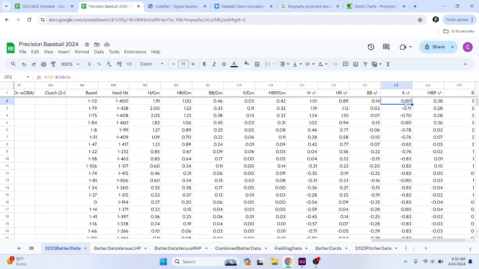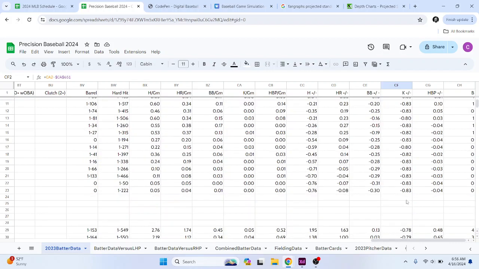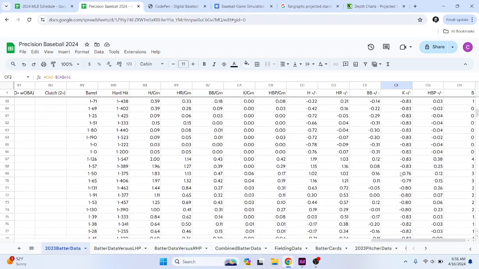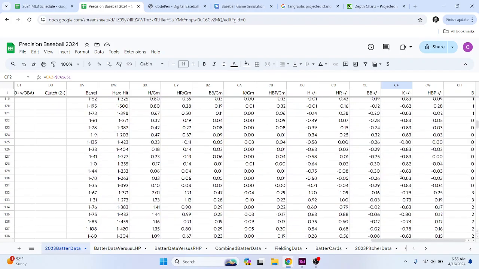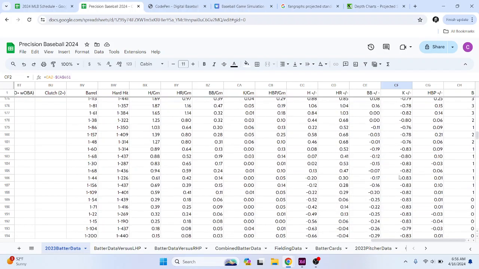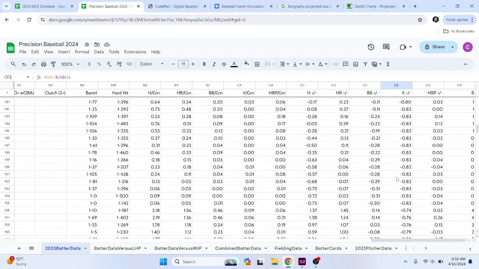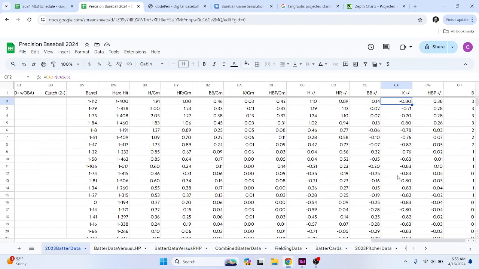So if he's striking out more, which sometimes you get some guys who are striking out more. There should be some guys who are striking out more. It doesn't make sense that everyone would be striking out less.